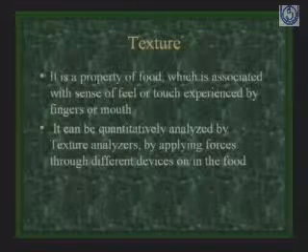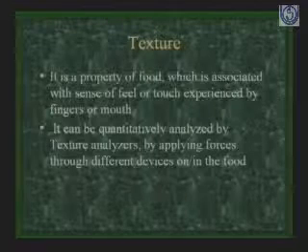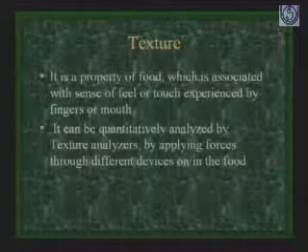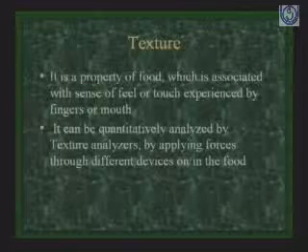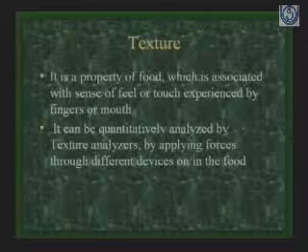It can be quantitatively analyzed by a texture analyzer by applying different forces through different devices on the food. Suppose you see an apple: from outside the apple looks very clean, red in color. But unless you touch it, you will not feel that it is rotten from inside or soft from inside.